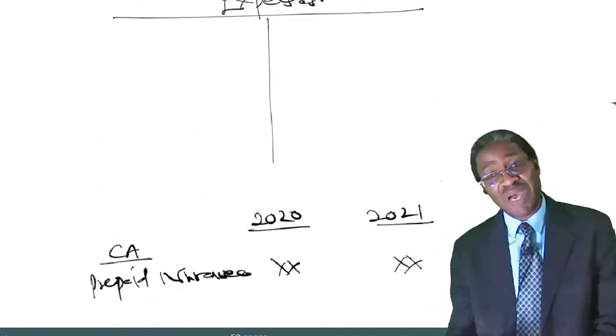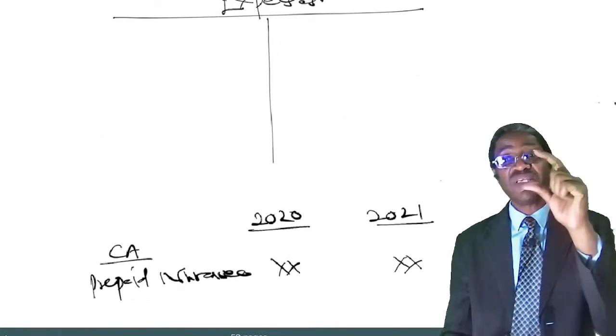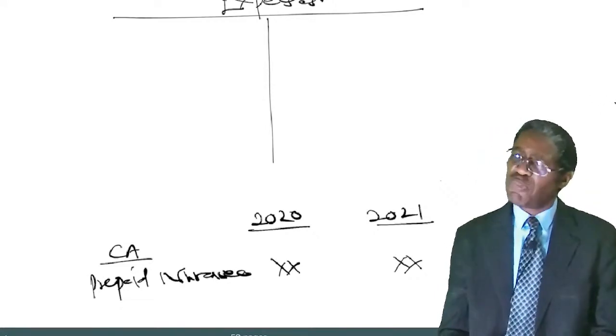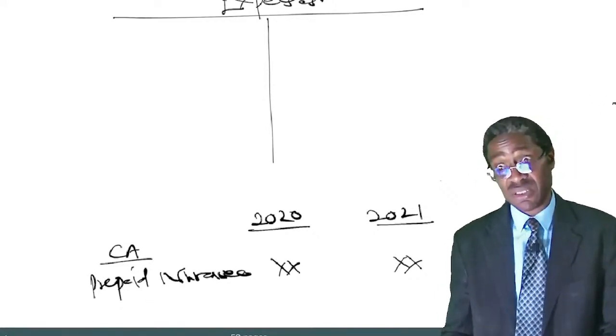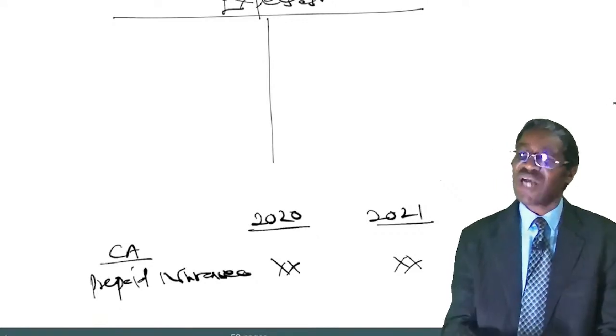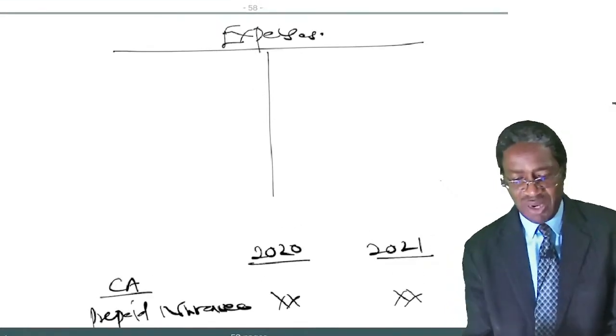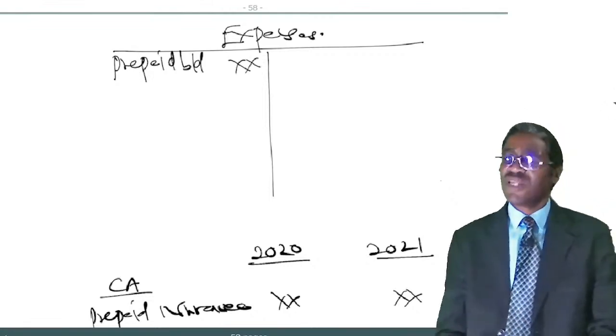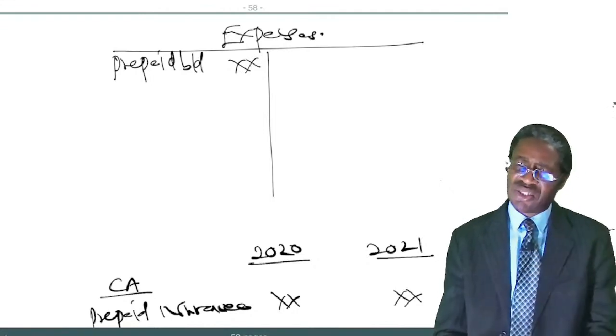So if I go to the balance sheet last year and I find there was a prepaid expense by whatever name, we know prepaid expenses are an asset. Listen, we also know an asset is always a debit balance. So you'll come and bring it here, and you say prepaid, brought down, whatever it is. Then you go to the same balance sheet last year.